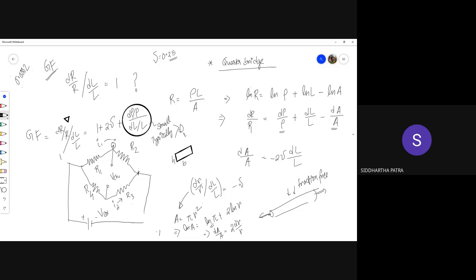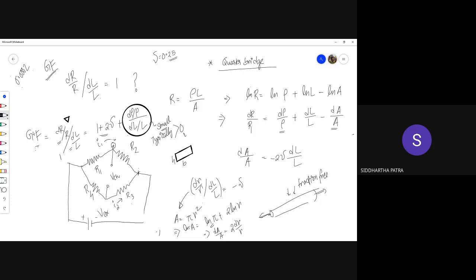Okay. So it's small, yet you cannot simply ignore this one. I mean, you can take simply 1 plus twice nu as the value, but if you calibrate the gauge factor, calibrate this ratio for a range of strain, that value is possibly not a constant, and some variations are observed.